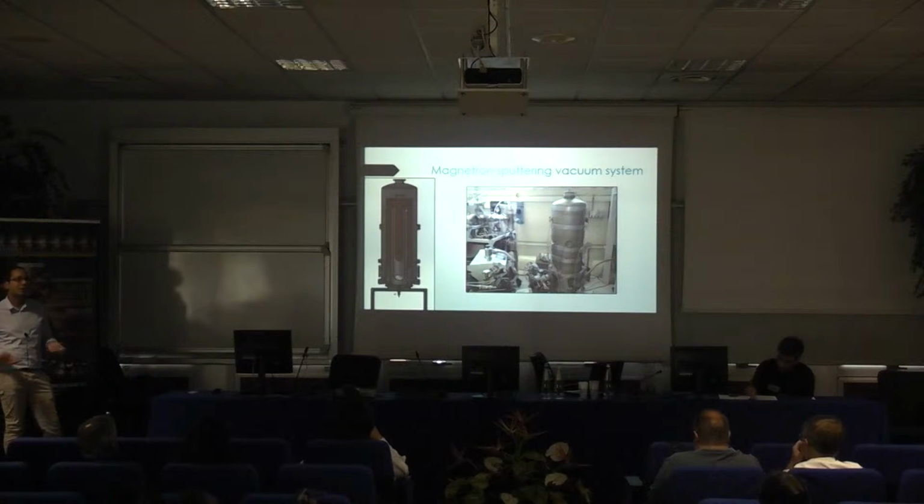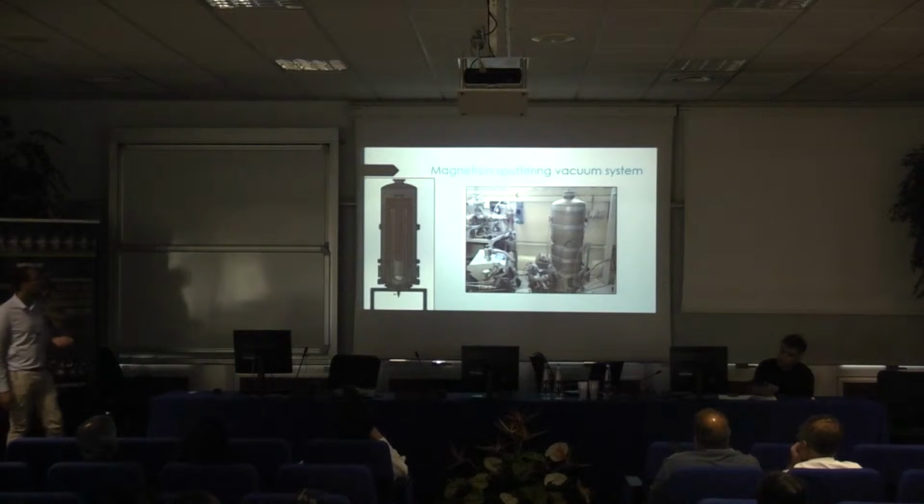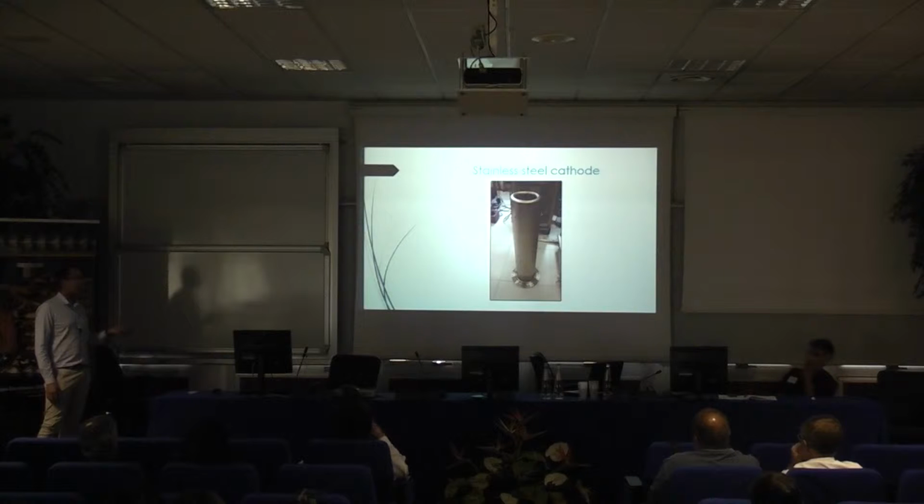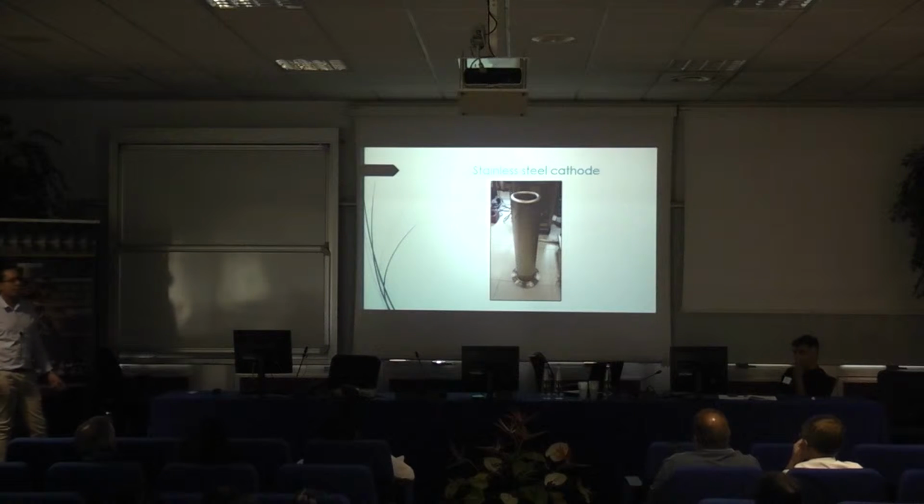We wanted to deposit a coating uniform along the cavity, so we decided to work with stainless steel. So we built a double wall cathode, as you can see in the slide, taking into account, of course, the shape of the quarter wave resonator and the inner conductor.